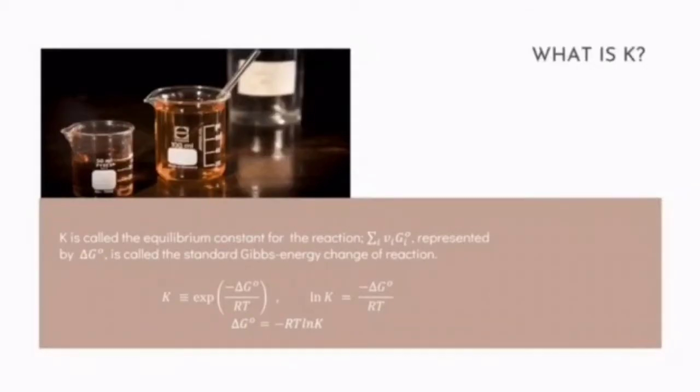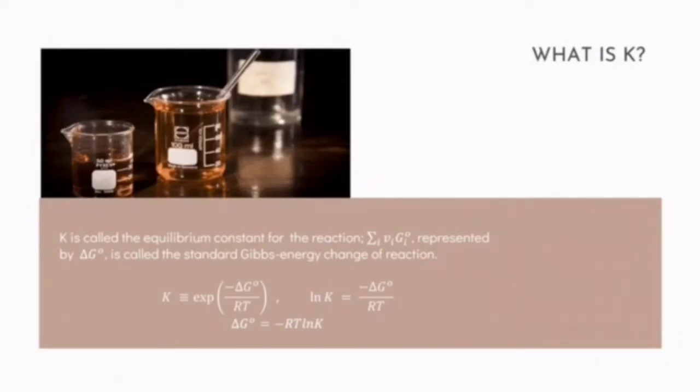Then what is K? In spite of its dependence on temperature, K is called the equilibrium constant for the reaction. Summation of vi Gi, represented by delta G0, is called the standard Gibbs energy change of reaction.